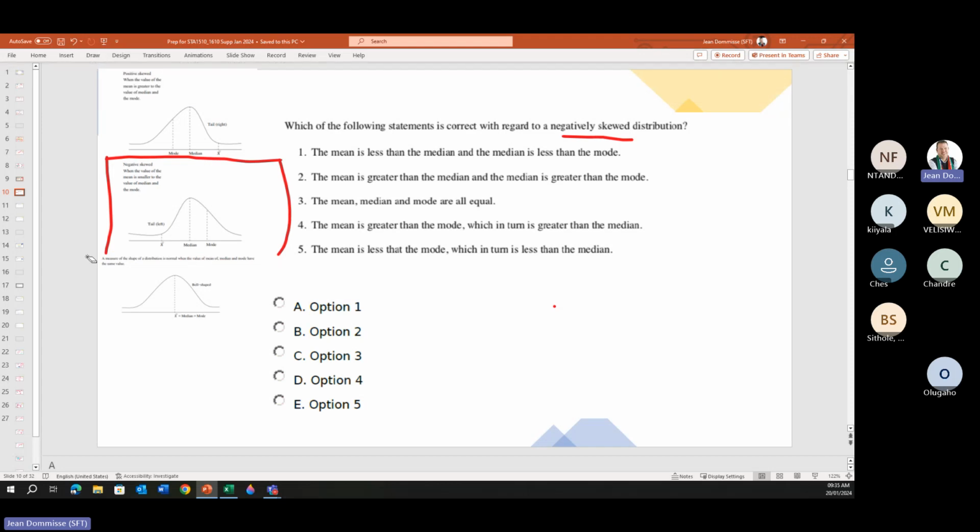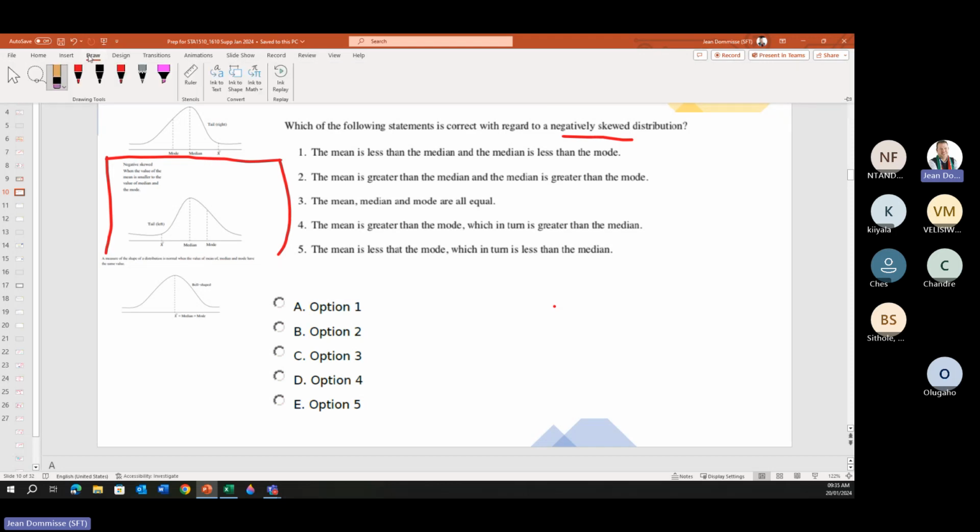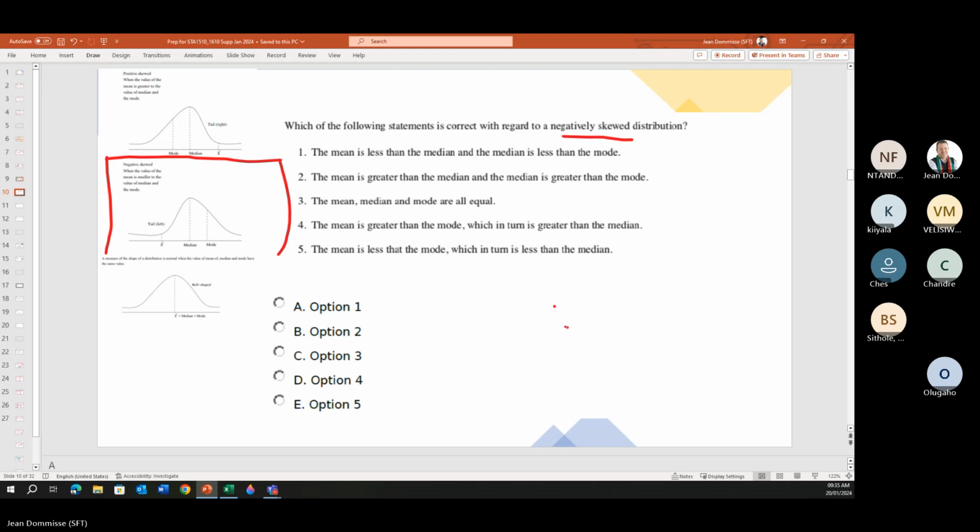So let me just show it so that you can see when I share it. So negatively skewed, the mean is less than the median? Yes. And the median is less than the mode. Okay, cool. Correct.